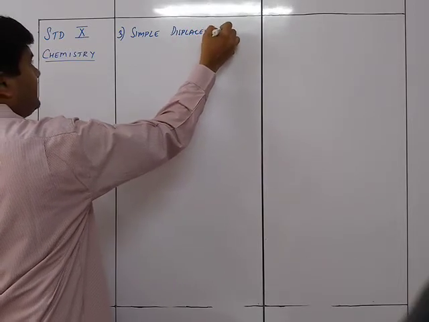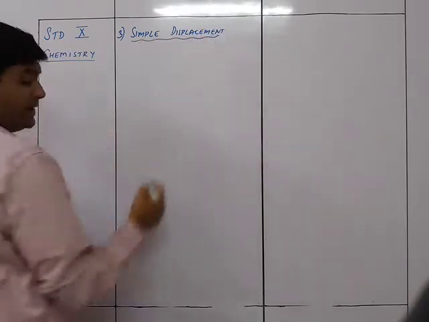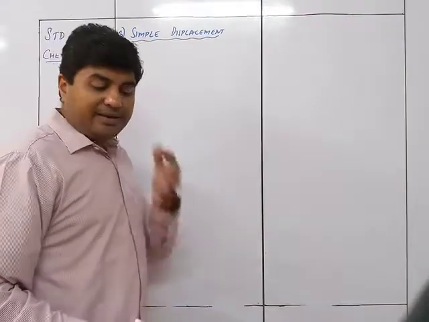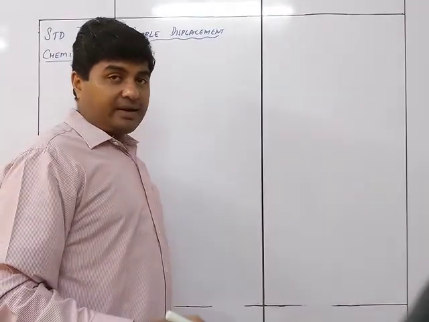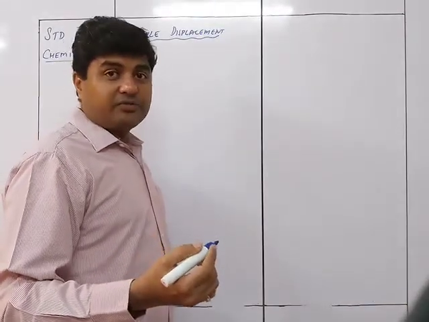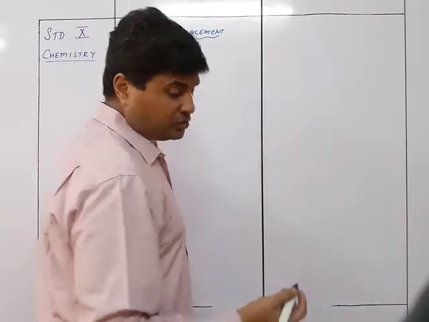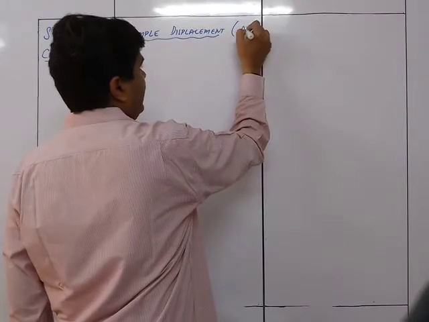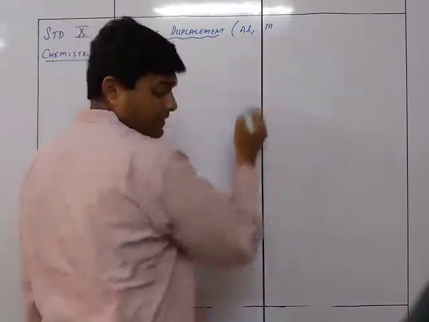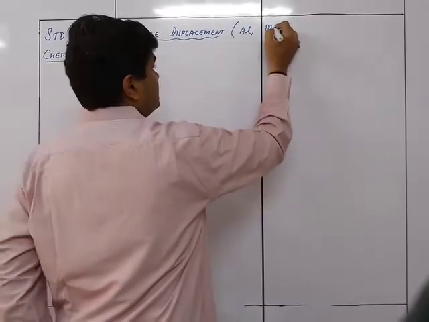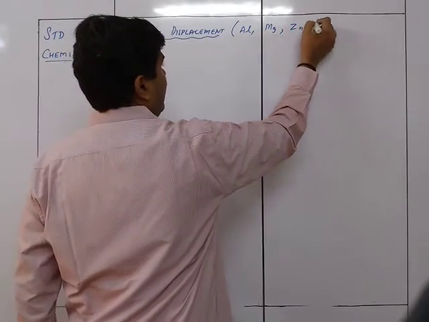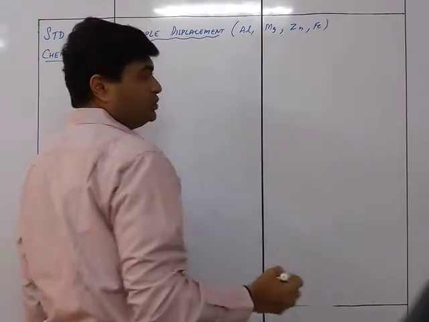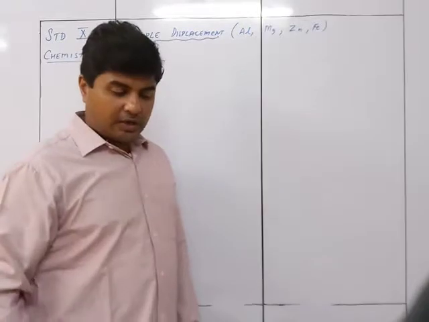So in the simple displacement method, all those metals which can easily replace hydrogen from an acid can be taken. So we are going to take metals like aluminium, magnesium, zinc and iron. These are the ones we'll be using for this particular purpose.